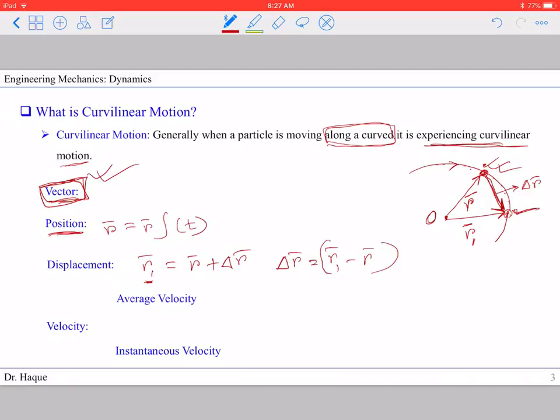Once we have defined the position, we're going to see how these vectors are presented in different coordinates, but for now we have seen position and displacement in vector form.